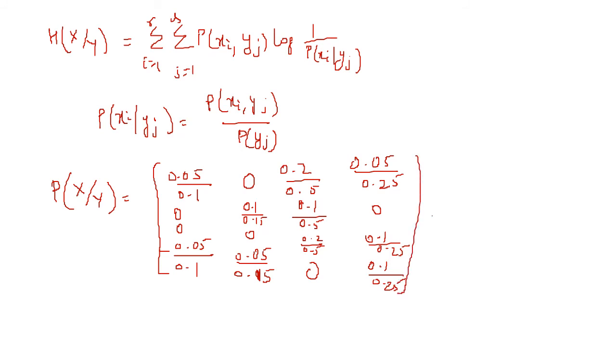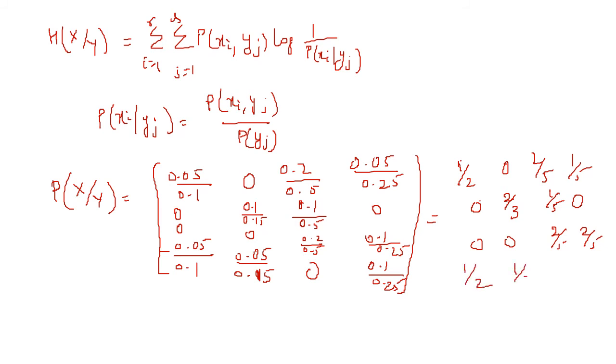So finally we are going to get P of X by Y, after solving, with the first row as 1 by 2, then 0, 2 by 5, 1 by 5. The next row you are going to get as 0, 2 by 3, then 1 by 5, 0. Then 0, 0, 2 by 5 and 2 by 5. Here you are going to get the elements as 1 by 3, 1 by 2, 1 by 3, 0 and 2 by 5.